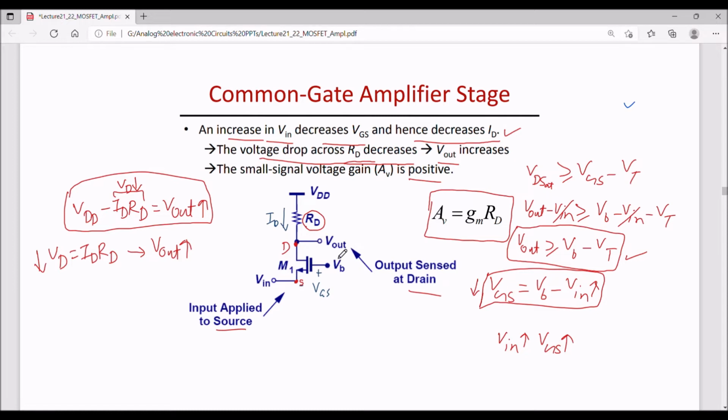So this puts a limitation on the gain, gm RD. The gain is limited by the drop across RD. So one cannot think of dropping the entire VDD across it, because Vout has to be greater than or equal to VB minus VT. So here also we have the same problem, that is limited gain.